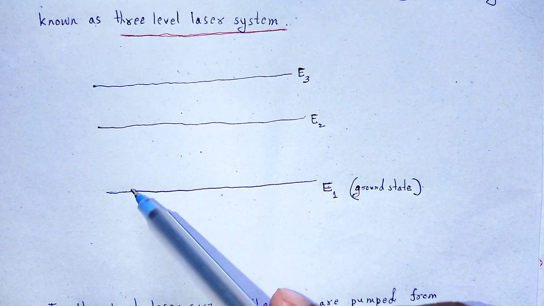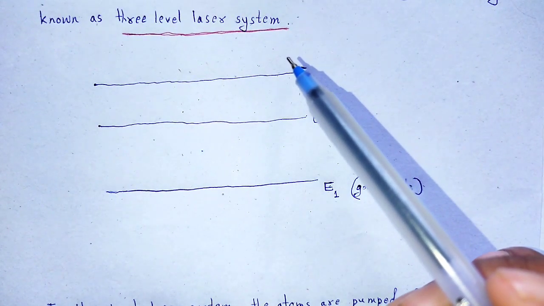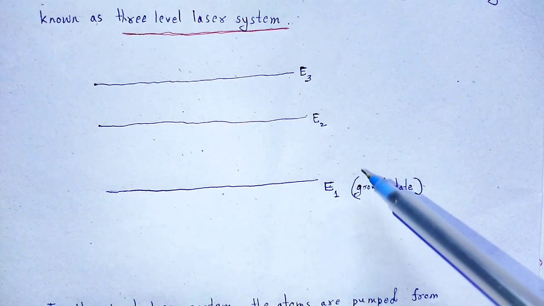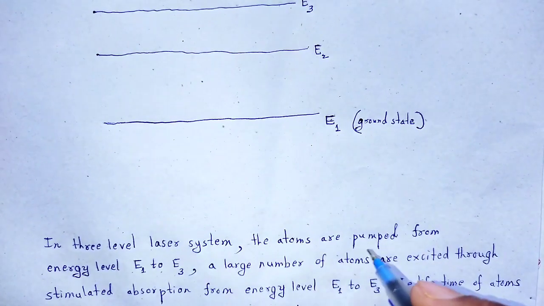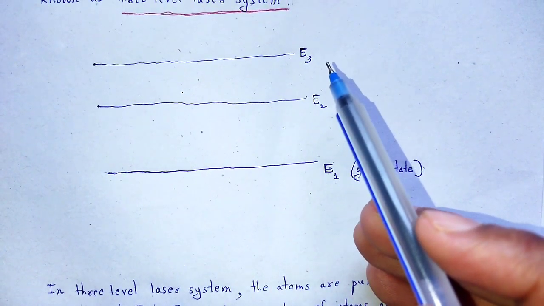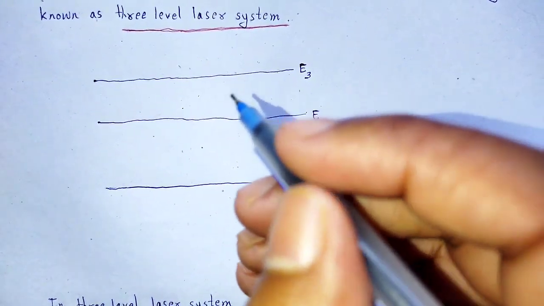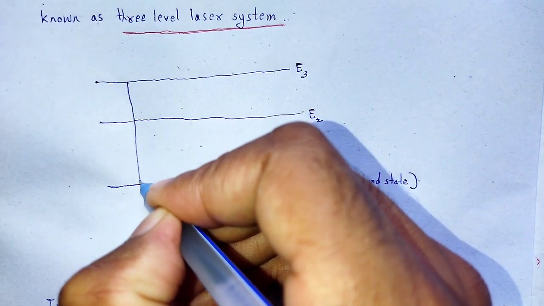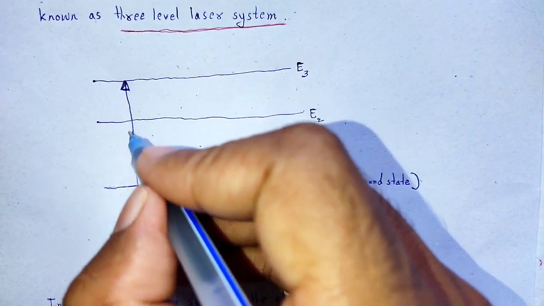Pumping is a technique to raise the number of atoms from the ground state to its excited state. So, the atoms are raised from energy level E1 to energy level E3. That is pumping.